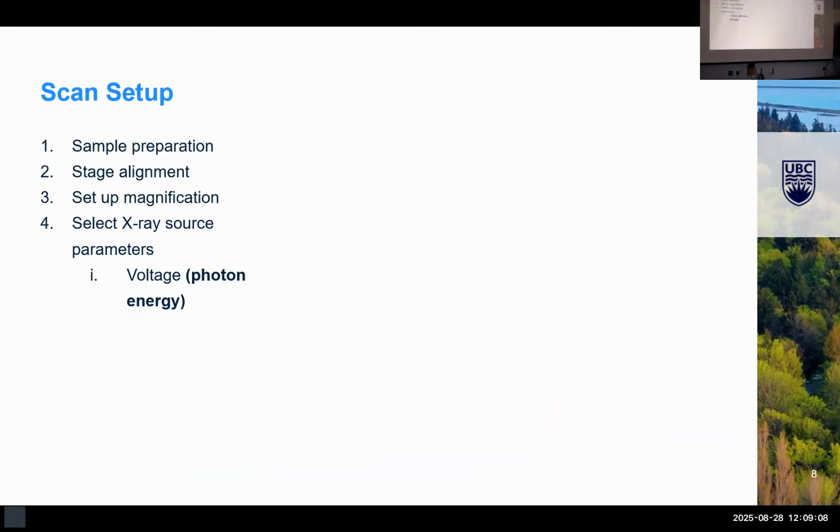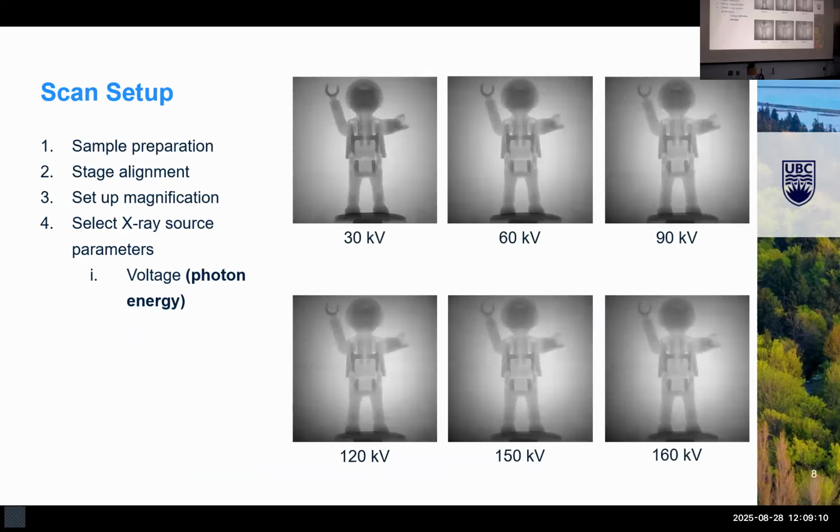Once that's done, you have some more optimization to do, namely the voltage of the X-ray source, which sets the photon energy. So at the highest end, the X-rays pretty much just blast on through and the sample turns more and more transparent. At the lowest end, you can get some better contrast between the different types of plastics in there. So this is a very sample dependent choice.